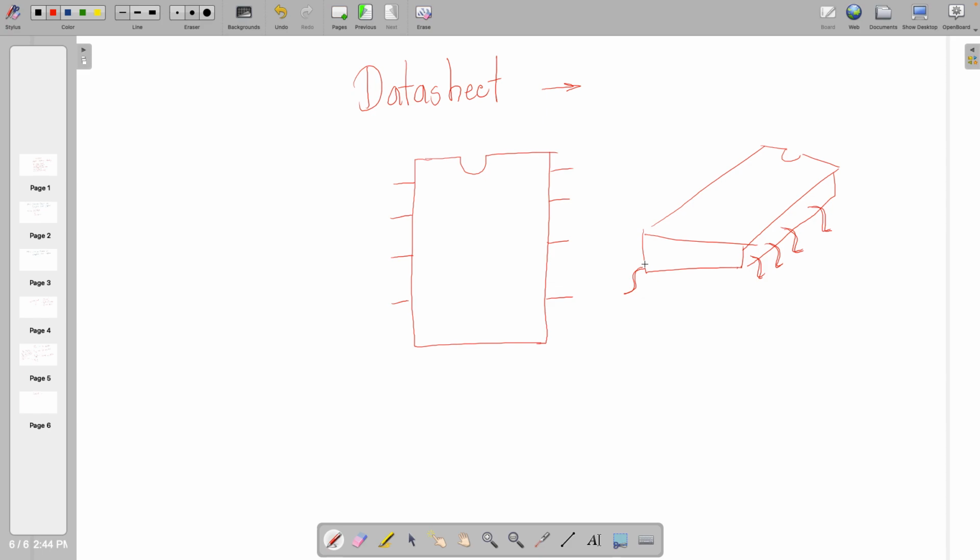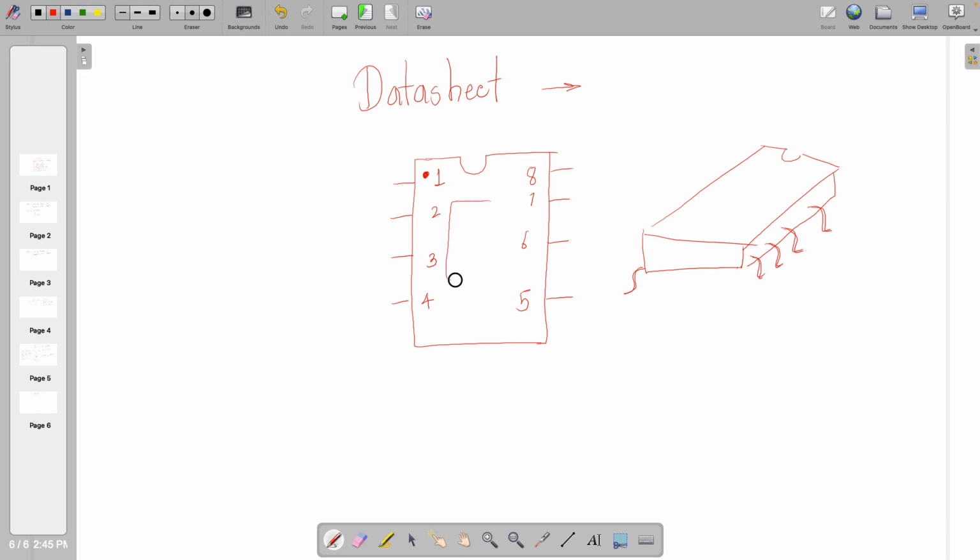If you look from this side, there will be one dot and a semicircle. This indicates that this is pin number 1, 1 2 3 4, and thereafter 5 6 7 8. By the way, this is a standard package.